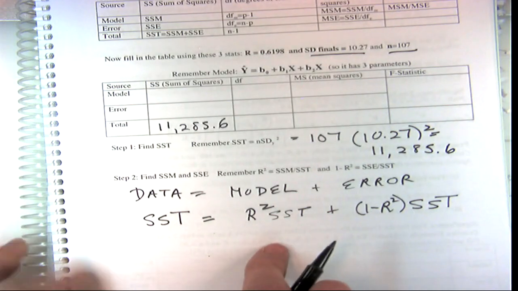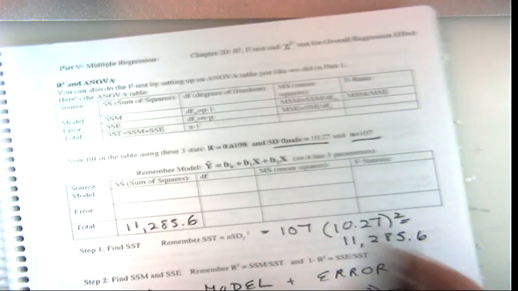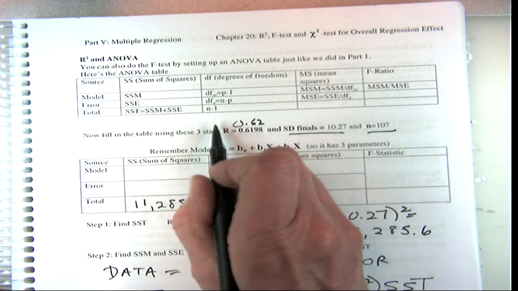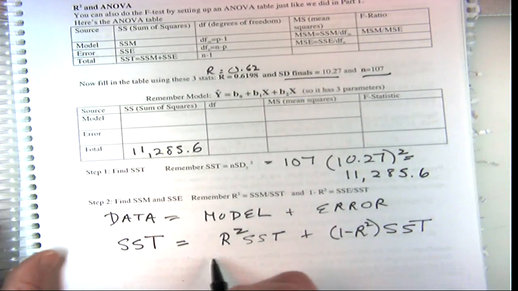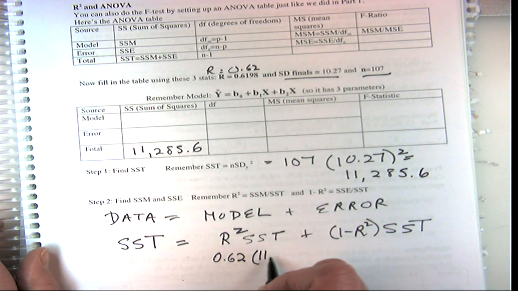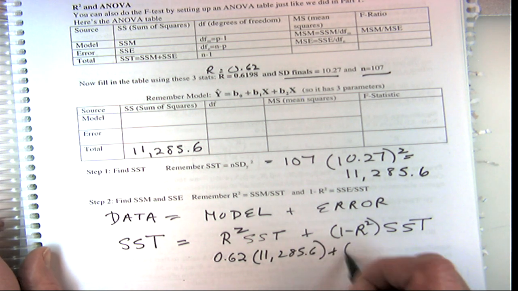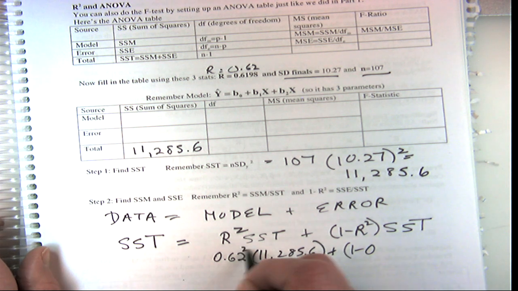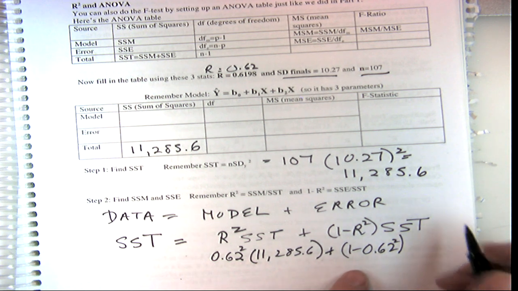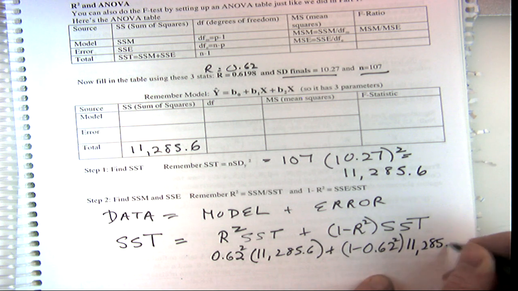Now that we have this, let's change r to 0.62 up there. So we'll say 0.62 squared times 11,285.6, plus 1 minus 0.62 squared times 11,285.6.